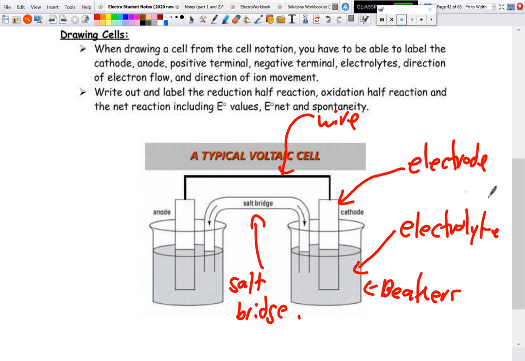So this is typically how they're going to look. Now, you can draw a porous cup as well. When we get into some of these diagrams, we'll end up drawing both. Normally, anode's on the left, cathode's on the right, but you can draw it whichever way. As long as you have the flow of the electrons going the right way, you should be fine.